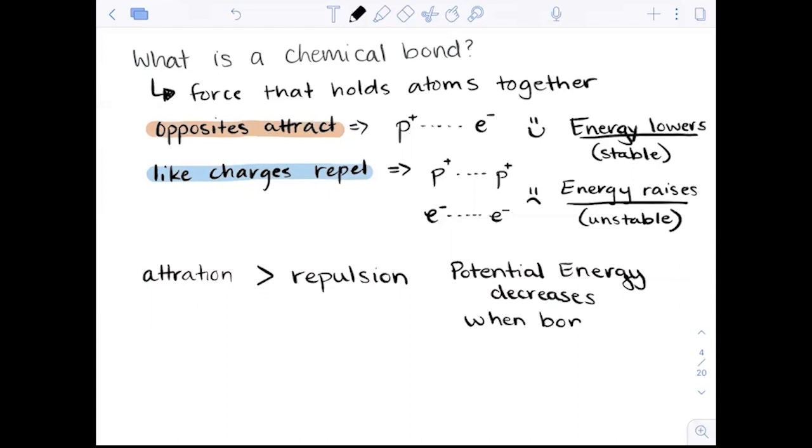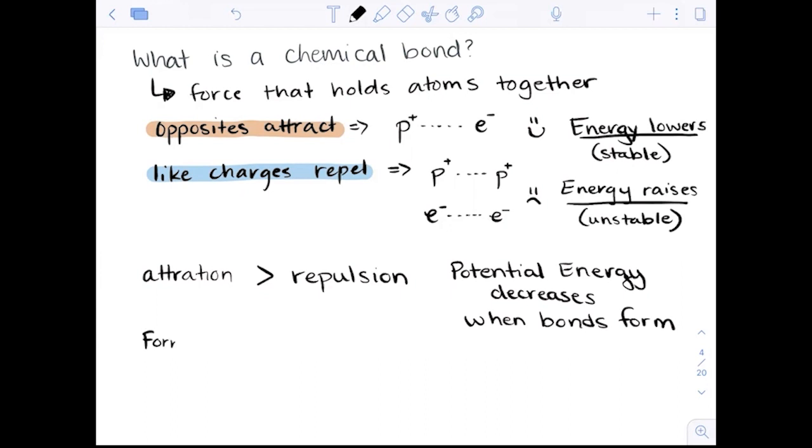So what we see in nature is that forming bonds releases energy. The reason why is because of the attraction between those two atoms, specifically the protons of one and the electrons of the other. Those attractive forces release energy to the surroundings.